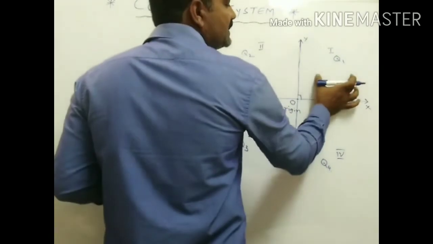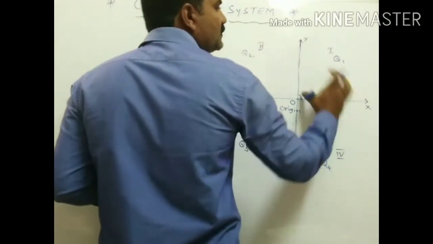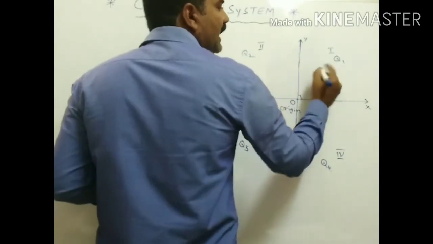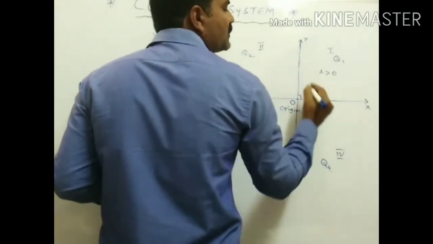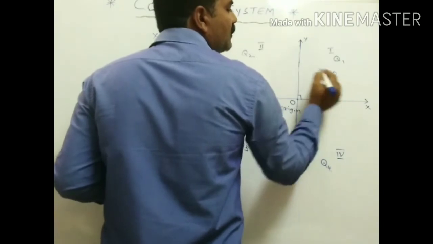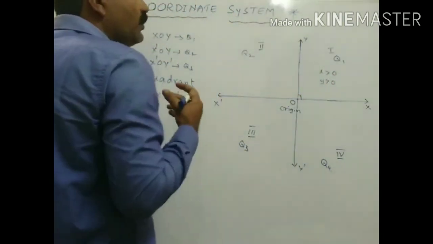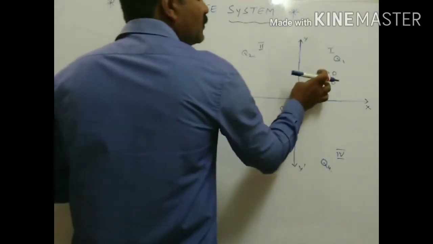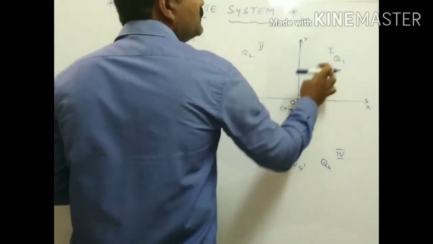Suppose in the first quadrant, since OX is positive and OY is also positive, both are positive coordinate axes, hence the x coordinate is always positive and y is also positive.